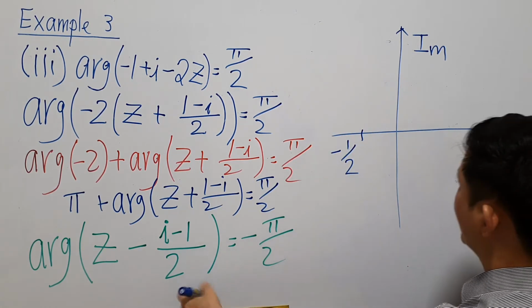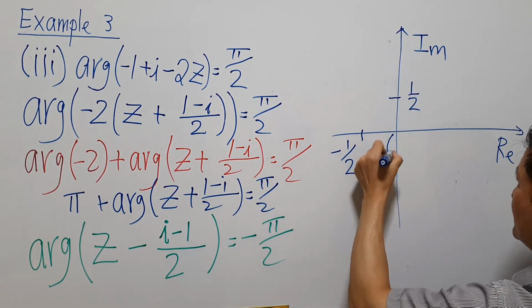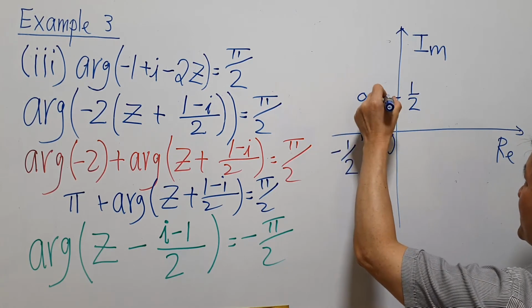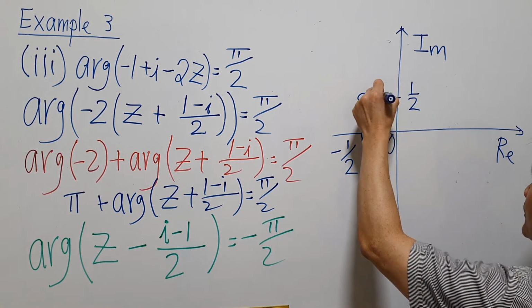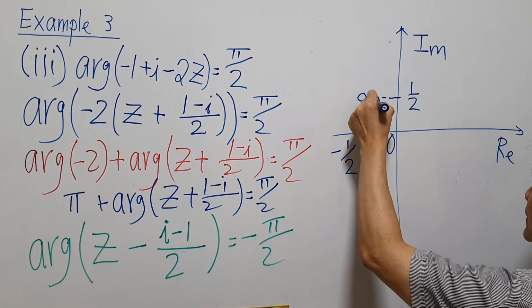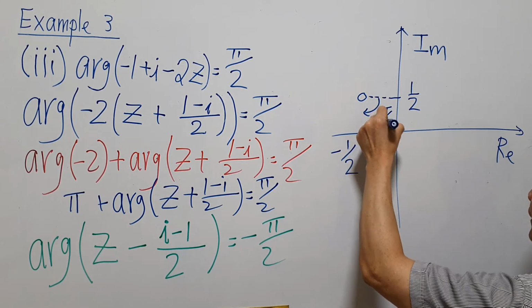And half i is somewhere here. This is 0. So again, this point is omitted. And then you want to make an angle of minus pi over 2. Where's the angle minus pi over 2? The angle minus pi over 2 is actually here.